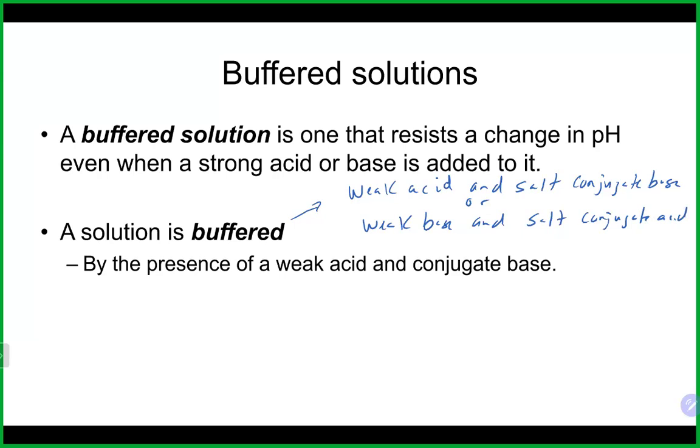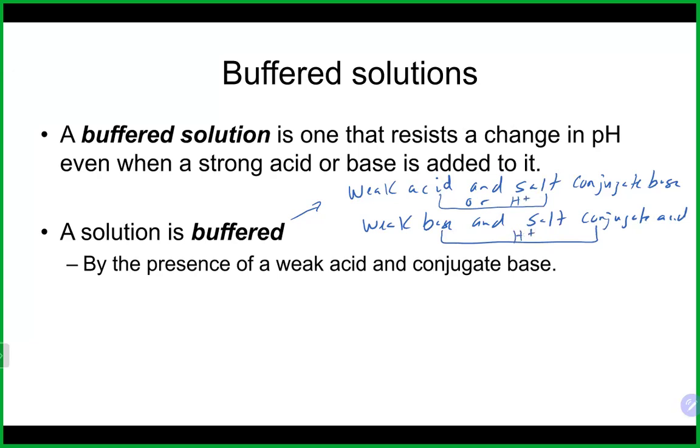What is a salt? A salt is just an ionic compound. What we're talking about here is basically your Bronsted-Lowry definition. The only difference between those two things is an H plus.